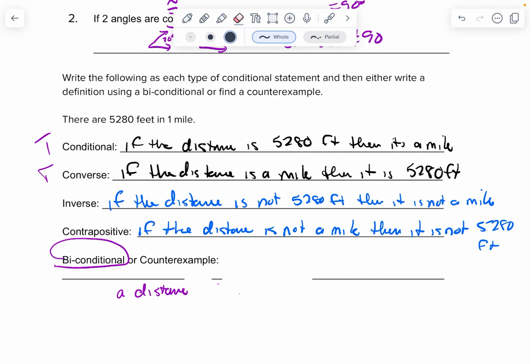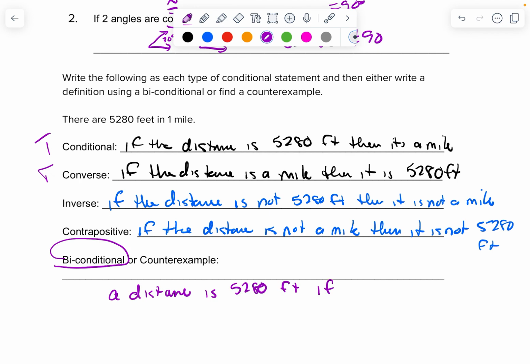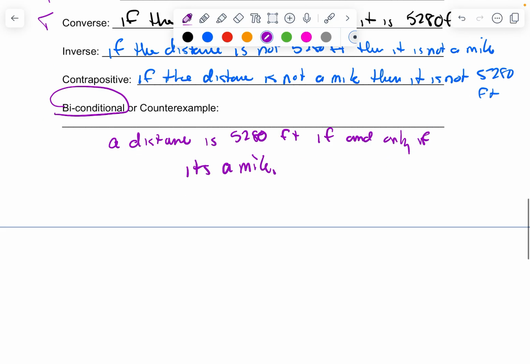I'm sorry. Let's back up. Here's why I want to say this: a distance is 5,280 feet if and only if it's a mile. That's how I would say that.